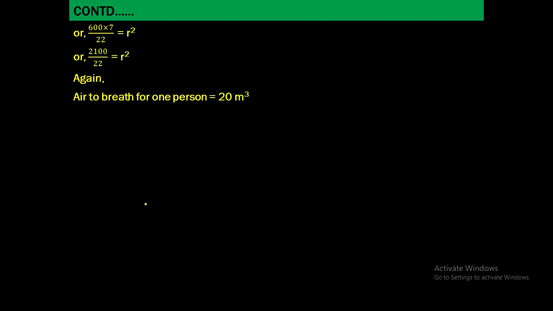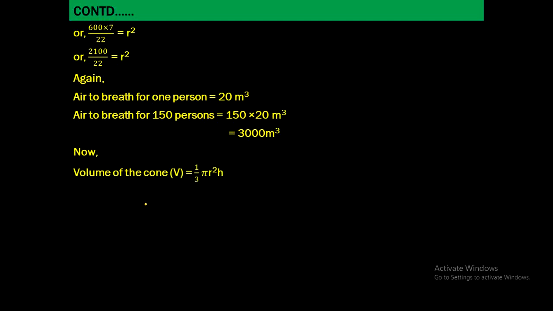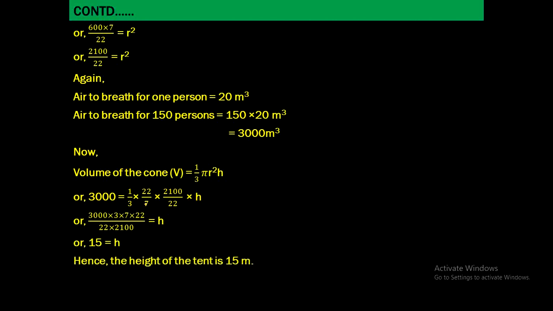Here R square equals to 2100/22. Area of the base for 1% is 20 meter cube. Area of the base for 150% equals to 150 into 20 meter cube, that is 3000 meter cube. Now volume of the cone equals to 1/3 pi r square H. Now substitute all contents and calculate. We got H equals to 15.